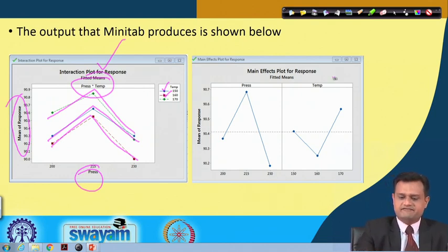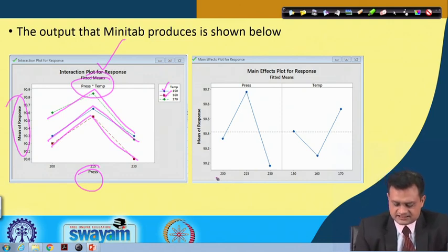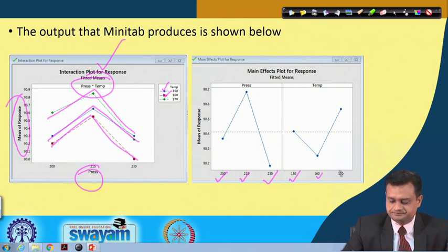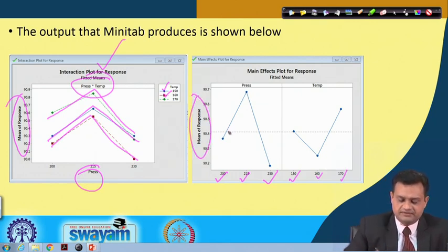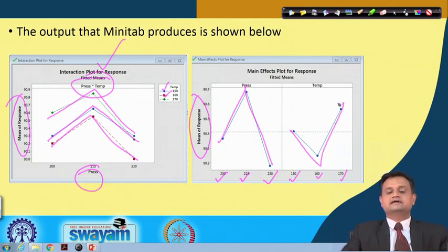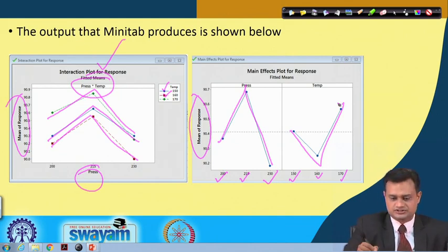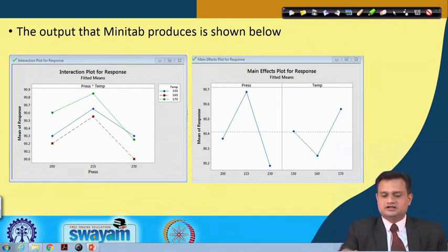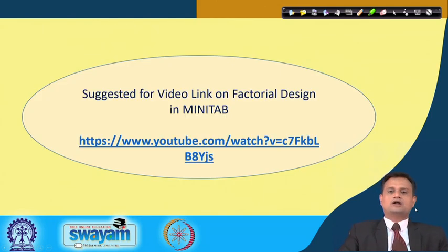You can see the main effect plot for the response, and what you see here, that this is the pressure 200, 215, 230, this is the temperature, and I can see that mean response changes significantly, and pressure and temperature, they are significant in terms of their impact on the response. So this is what we can do through Minitab very easily, and we can focus more.